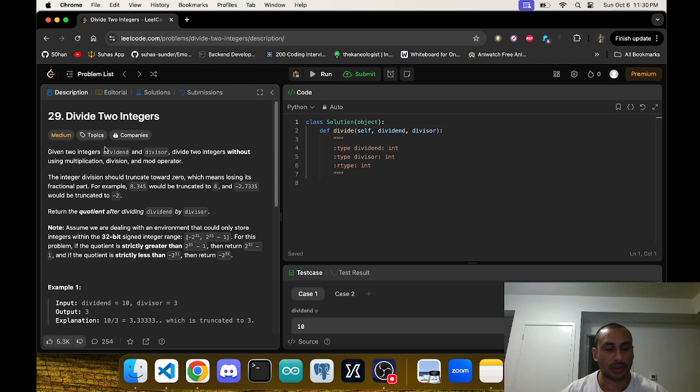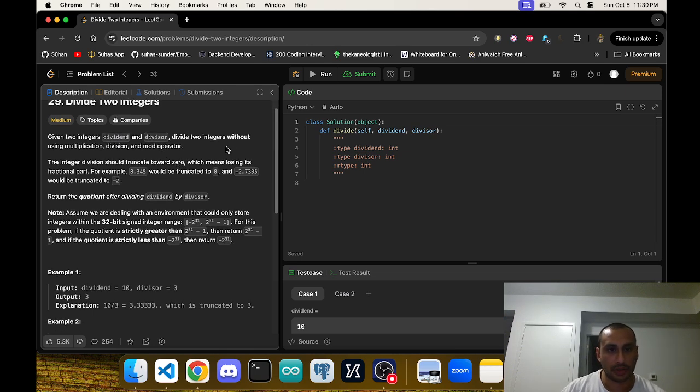Divide two integers, medium. Given two integers, dividend and divisor, divide two integers without using multiplication, division, and mod operator.